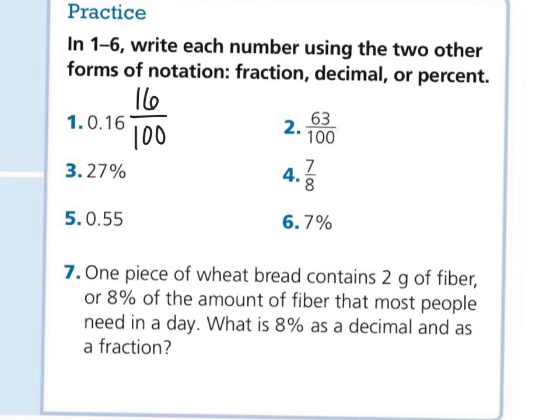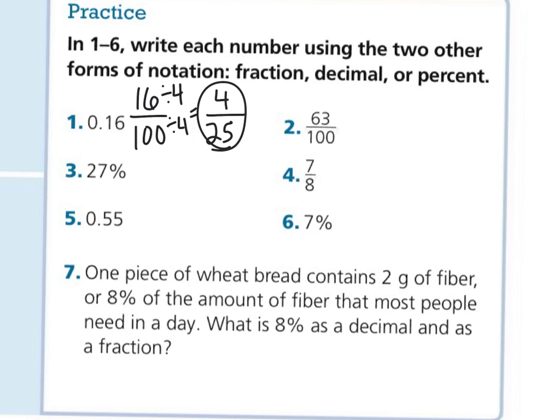Always with fractions, we're going to try and reduce if we can. If nothing else, you can see maybe they're both even numbers, so you can divide by 2. These are actually both divisible by 4, and so that'd be 4/25ths, and we can't reduce that any further.